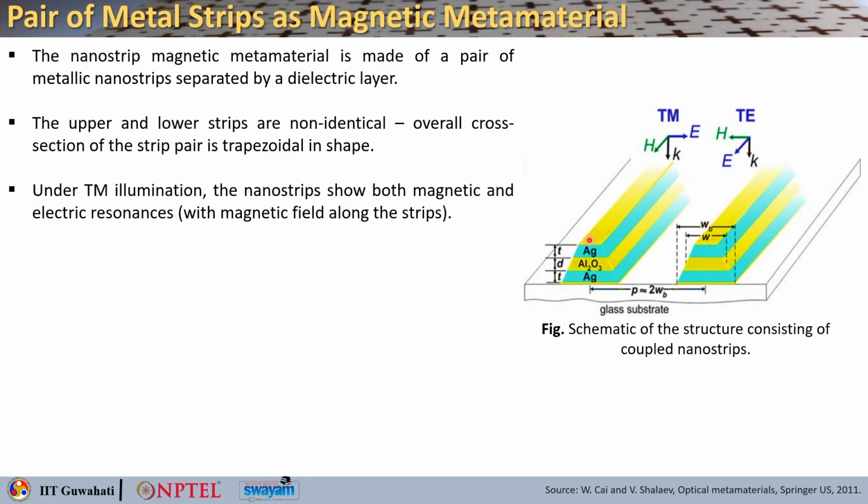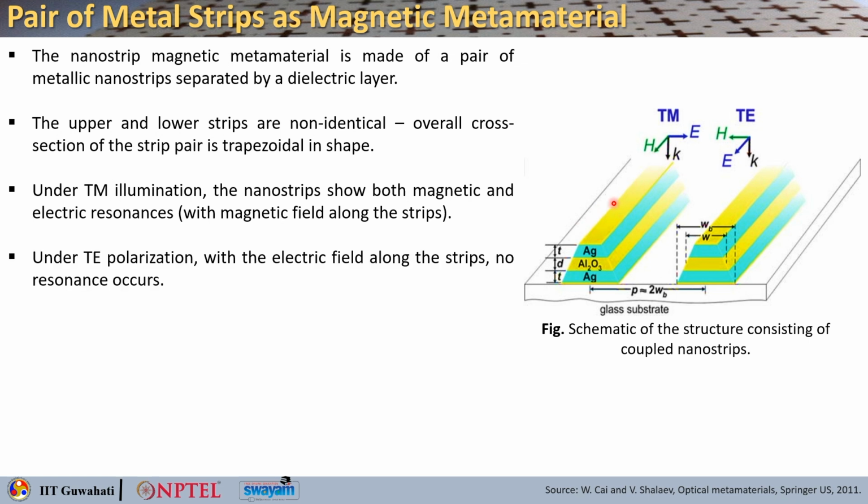Now, the nanostrip structure exhibits both magnetic and electric resonances under TM polarization, where the magnetic field is polarized along the strip. Under TE polarization, where the electric field is polarized along the strip, the structure shows no resonance effect.